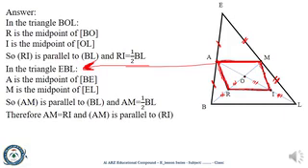In BOL, R is the midpoint of BO and I is the midpoint of OL. So RI is parallel to BL.